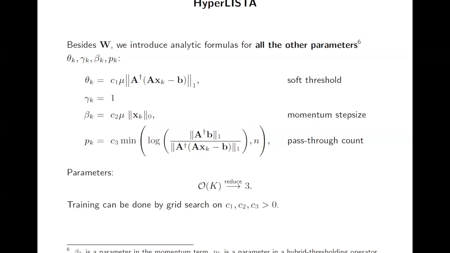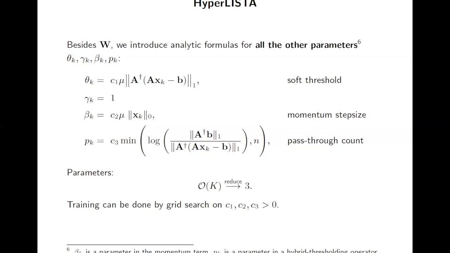I don't want to show so many details about the formulas here, but the key information is that the parameters in LISTA can even be calculated, and now the only parameters in these formulas are C1, C2, C3.